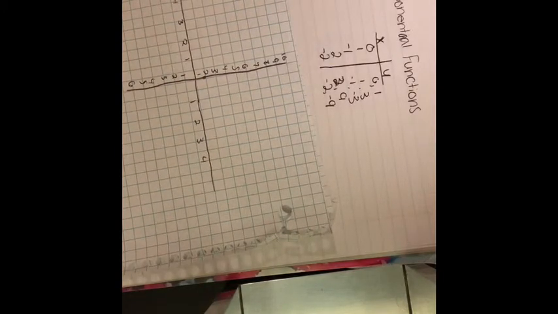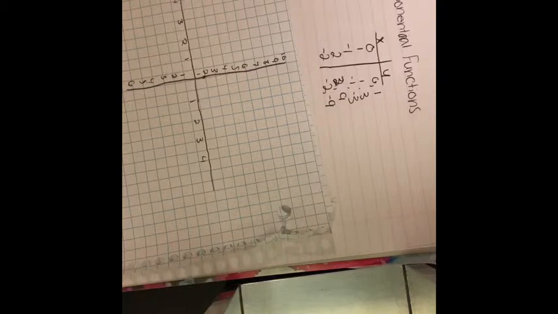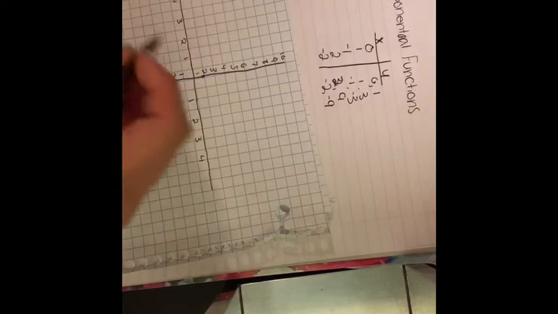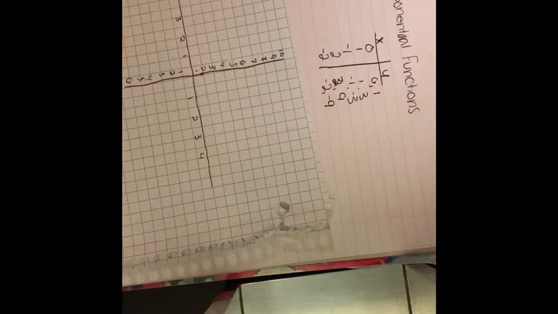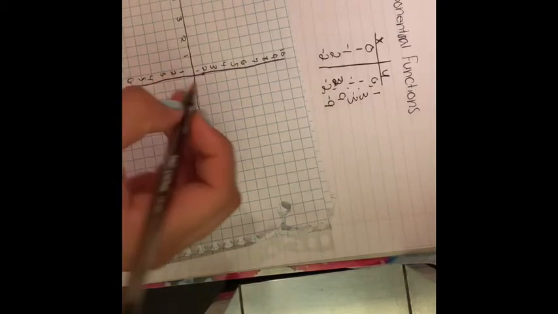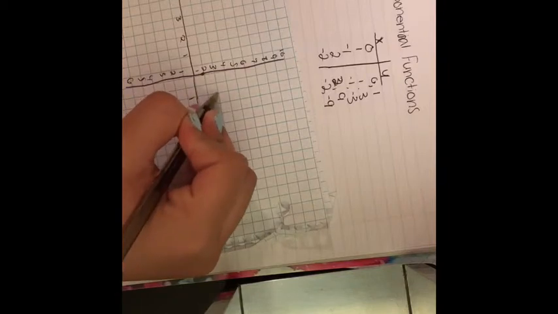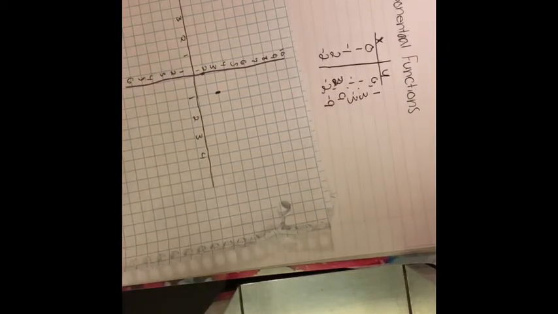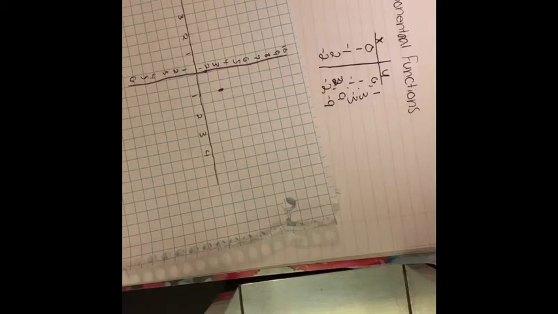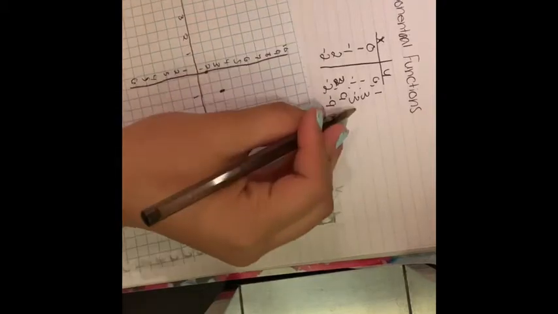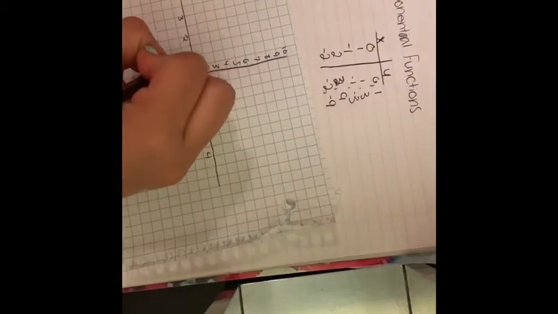Then we have (1, 3), so over 1, up 3. Then we have (-1, 1/3), right there.